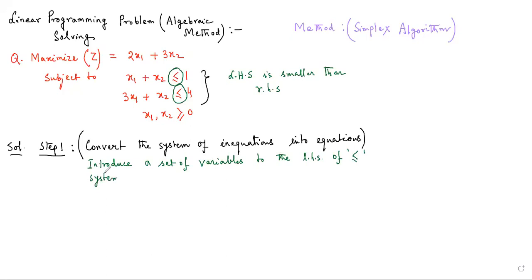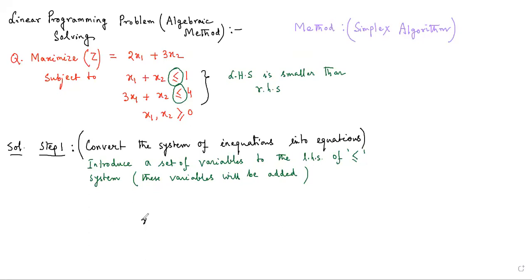And these variables will be added to the system. Such variables have certain names. I will tell the name, but first of all, let me do what I'm talking about.